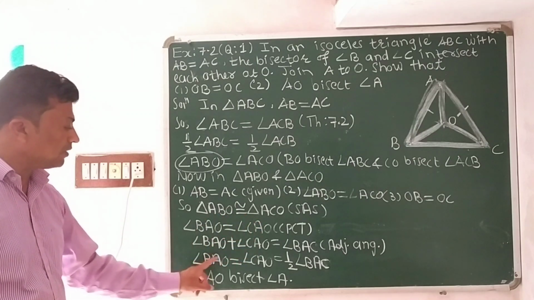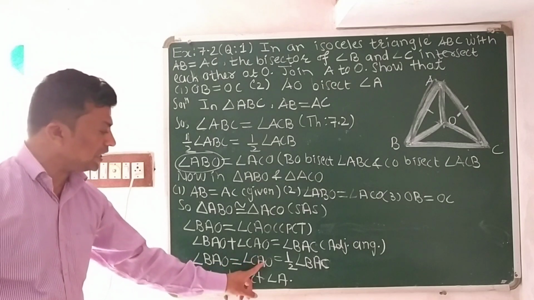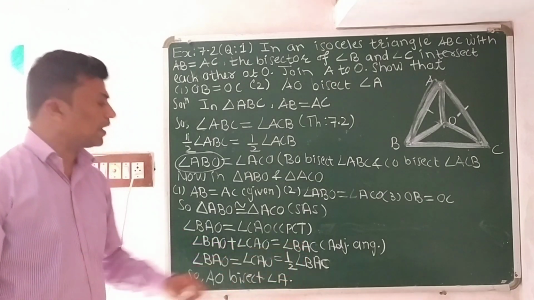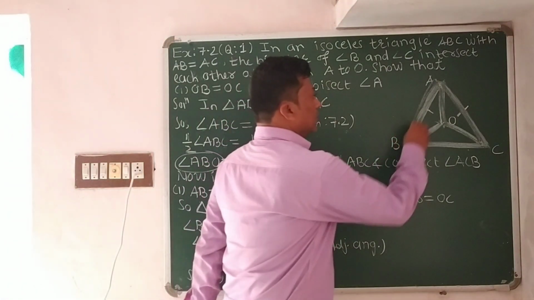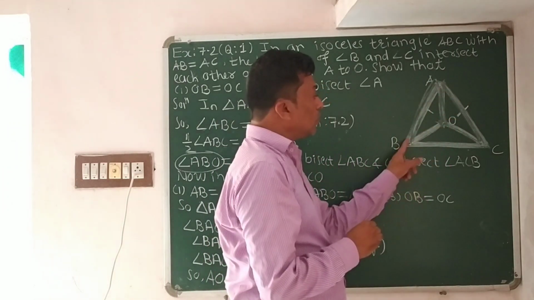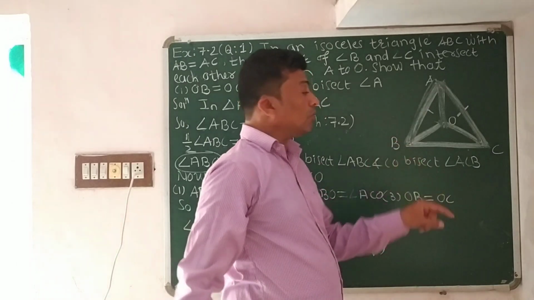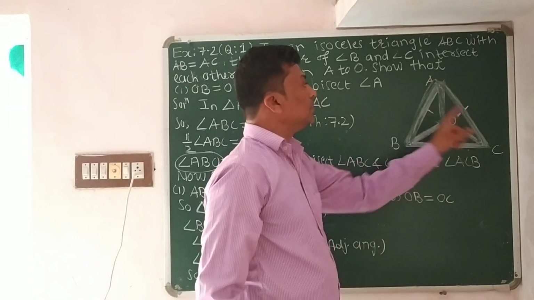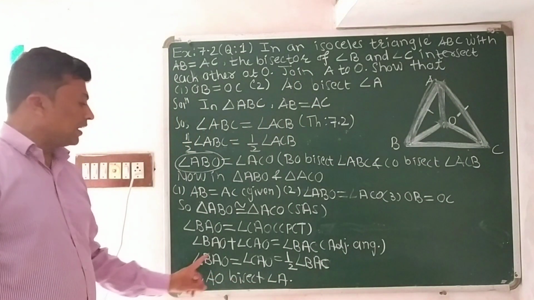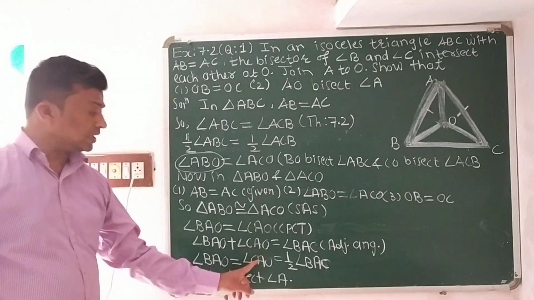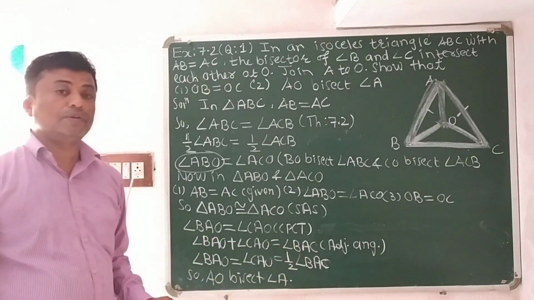So we can write angle BAO is equal to angle CAO is equal to half of angle BAC. This BAO is half of angle BAC and angle CAO is also half of angle BAC.